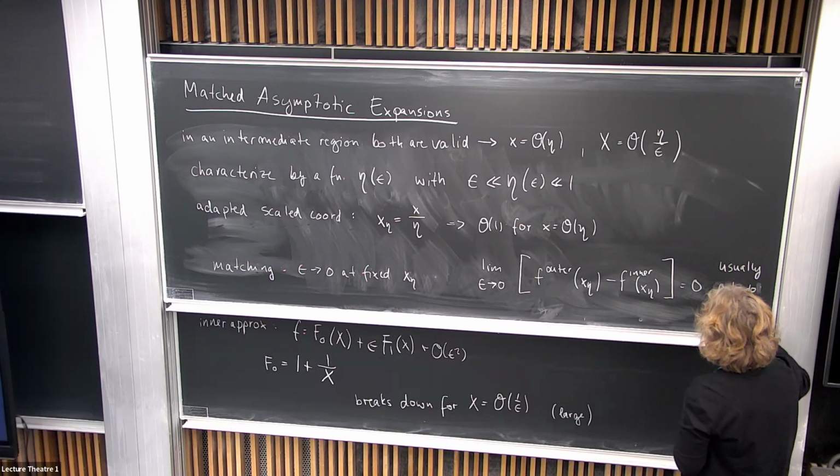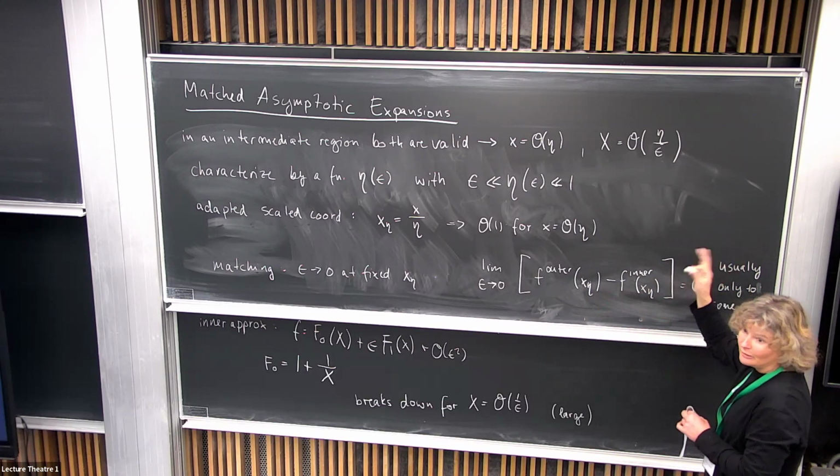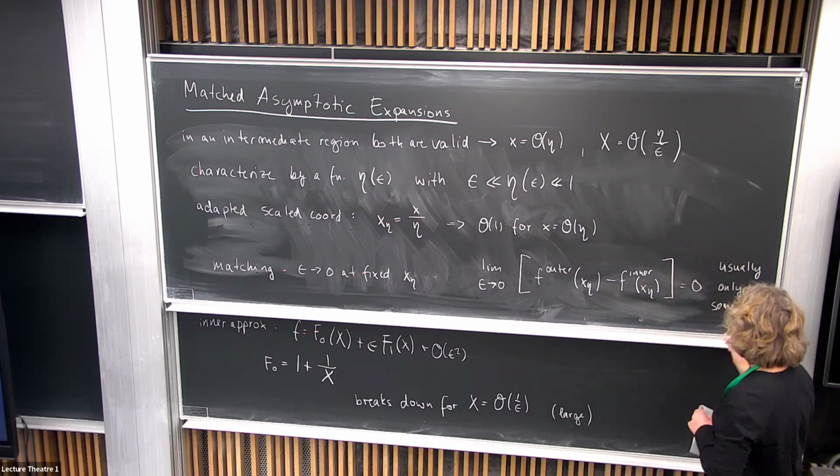So we will not achieve in general that this is exactly 0. It will be order epsilon to some power, eta to some other power.